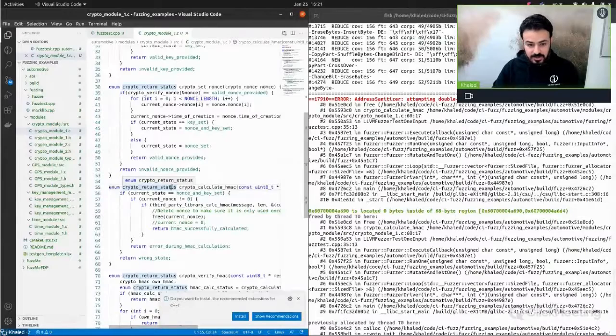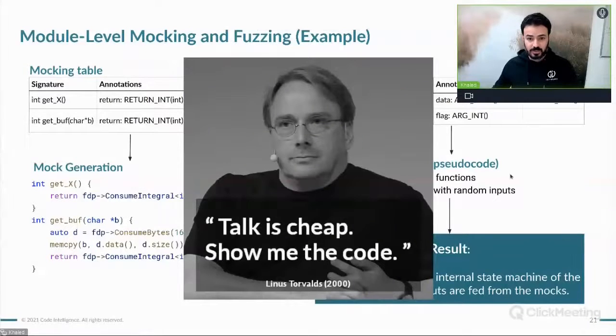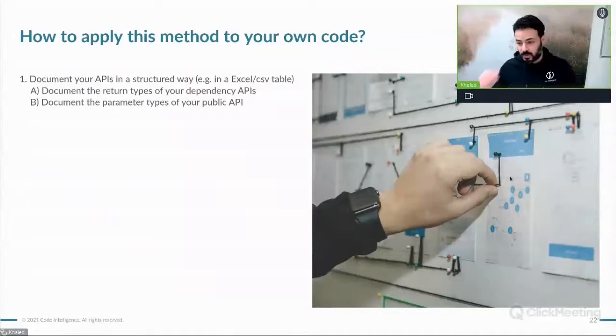So that's it actually for the practical example. And just to recap, what the approach is in a nutshell, if you want to use it for your own code: we need a way to document the API, so the hardware dependencies and the public API.